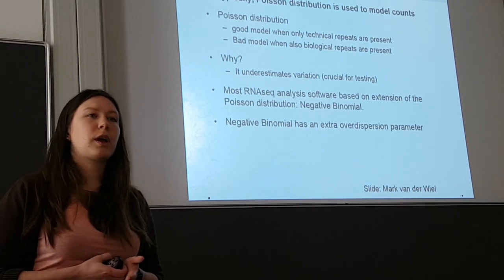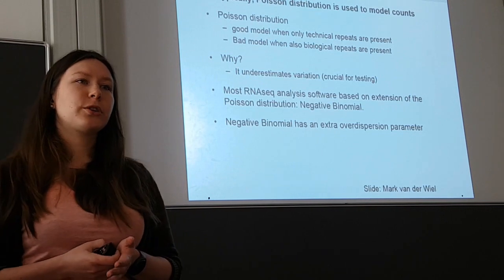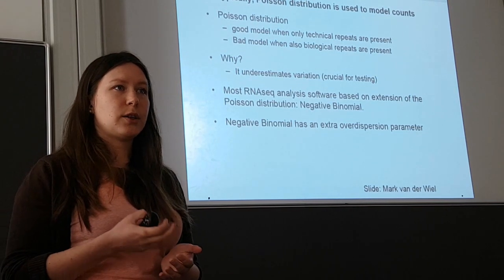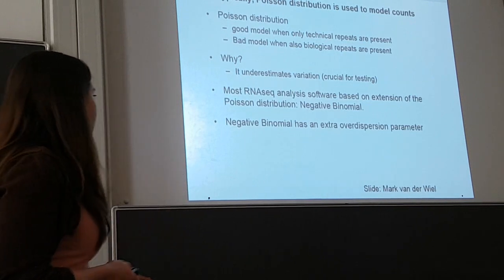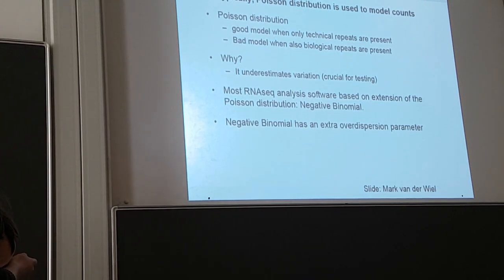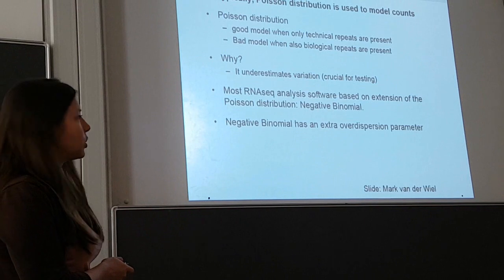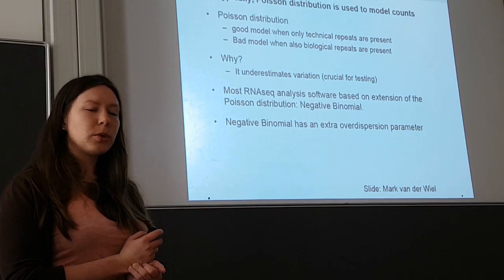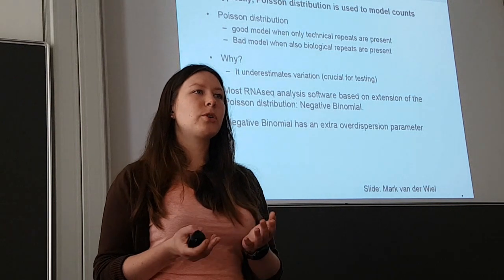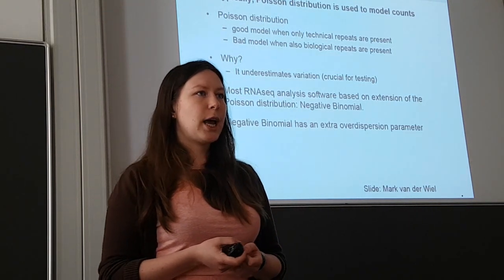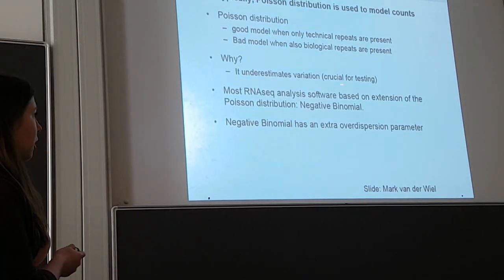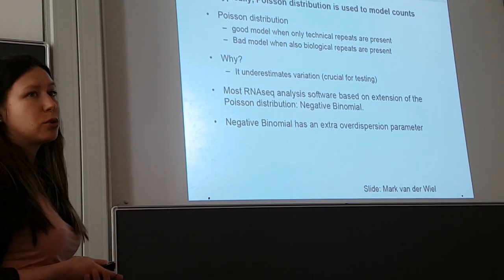In biological replicates, you will have much more variation than in technical replicates, and you might want to add this to your model. And typically, the current software packages use a negative binomial distribution. The negative binomial distribution introduces an extra parameter that is called dispersion. And this dispersion parameter helps you to capture the variation that is found in biological replicates.